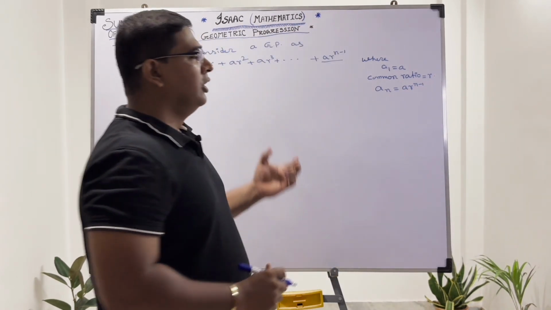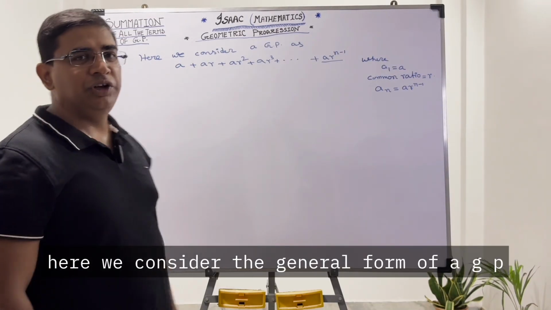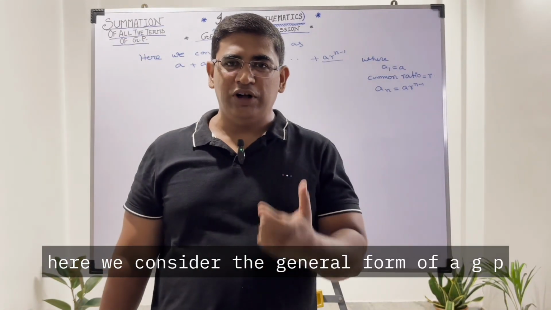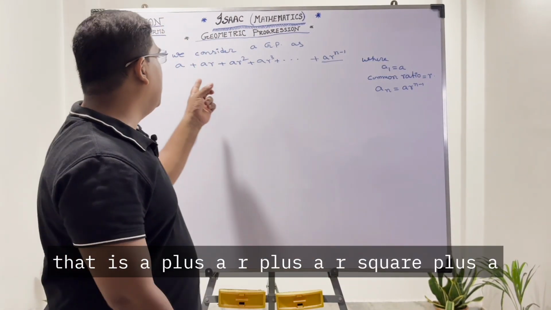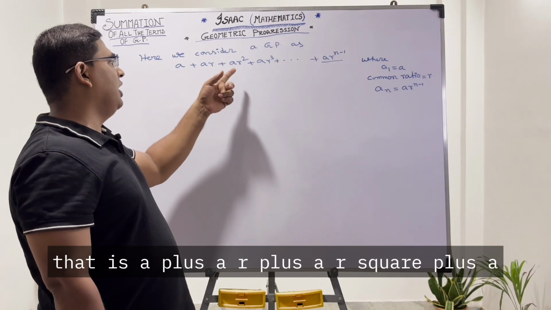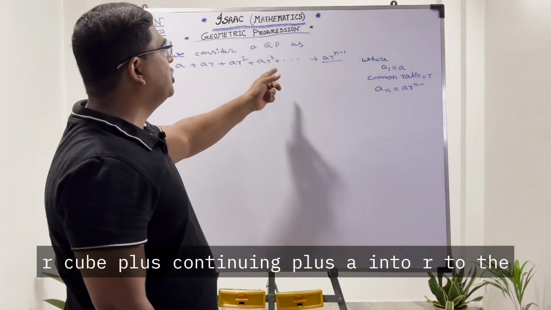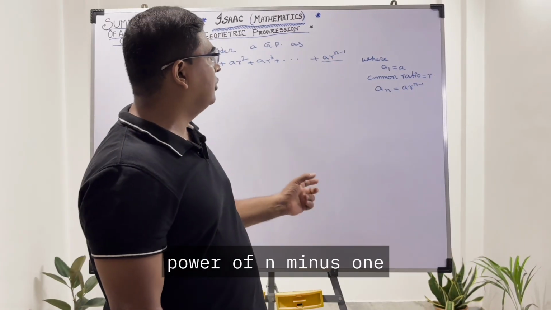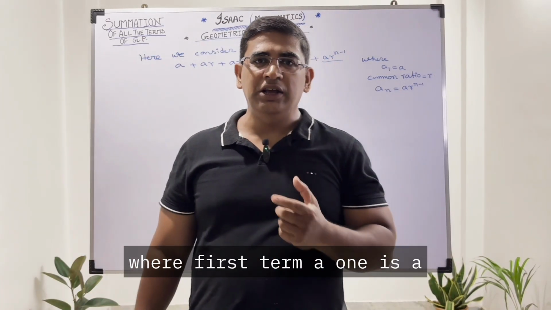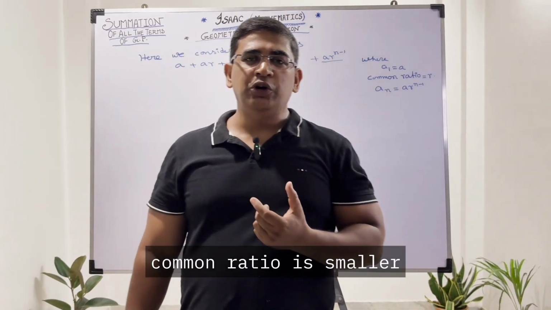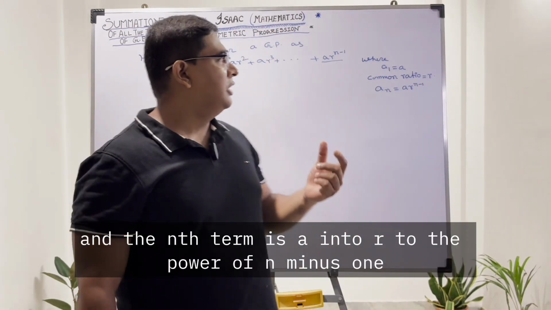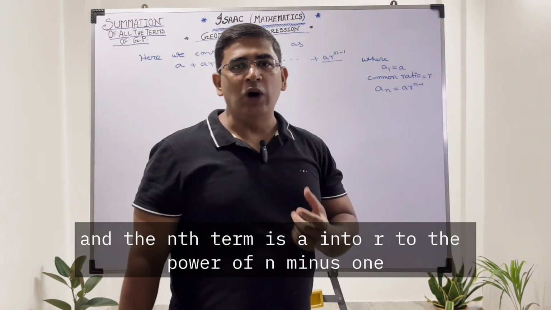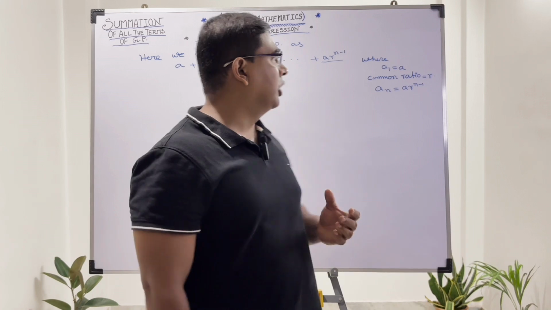Okay, so here we consider the general form of a GP, that is A plus AR plus AR squared plus AR cube plus continuing plus A into R to the power of n minus 1, where first term A1 is A, common ratio is small r, and the nth term is A into R to the power of n minus 1. Okay.